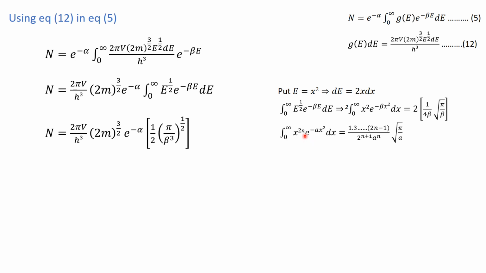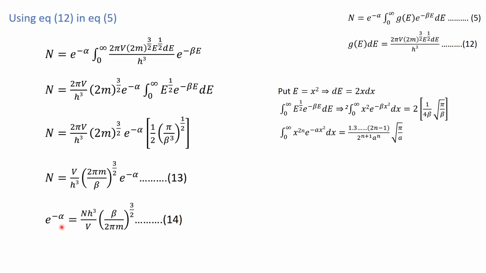So if you put n is equal to 1, so 2n minus 1, you will have this one, 1, okay, this 2 to the power n plus 1, n is equal to 1, so 2 to the power 2, so 4, and in place of a you have here beta, so pi, this is a to the power n, n is equal to 1, so beta to the power 1, so beta, and pi by a, so here pi by beta. So if you rearrange, you will get the total number of particles by this equation number 13.